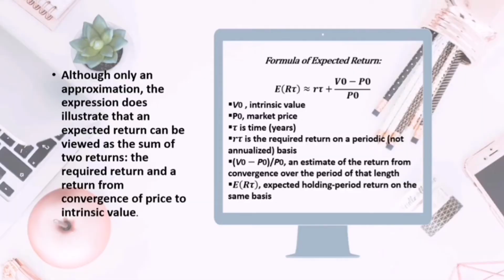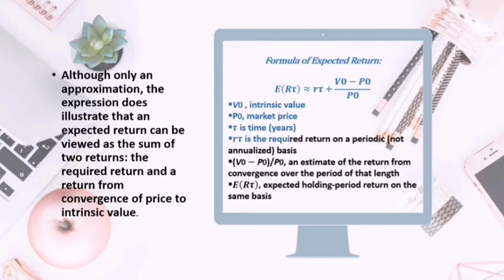Next, this is the formula of expected return. V0 is intrinsic value, P0 market price, T is time, rT is required return on a periodic basis. V0 minus P0 divided by P0 is an estimate of the return from convergence over the period of the length T. rT is the expected holding period return on the same basis.